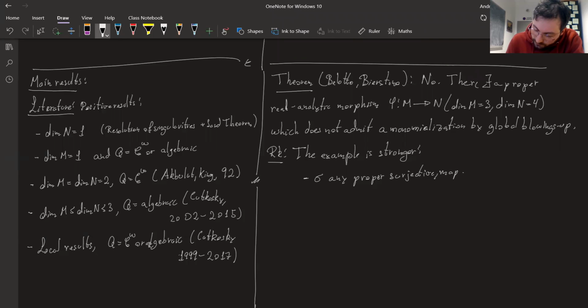map of generic rank equal to 3, and tau can be any proper bimeromorphic morphism.